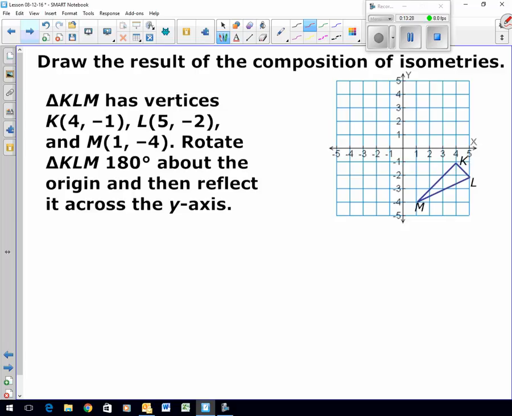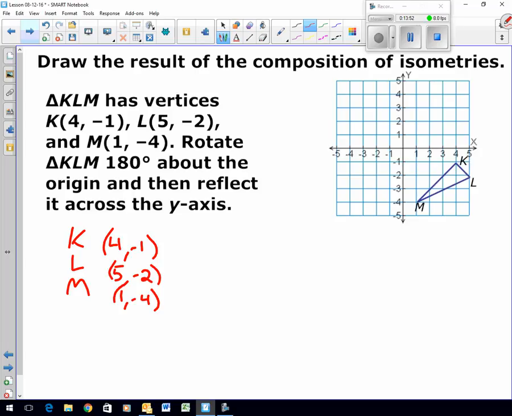It's going to go from quadrant 4 to quadrant 2. You could turn your paper and do it that way, but good luck turning that computer screen. We can just learn how to do it mathematically, and it's really not that hard.